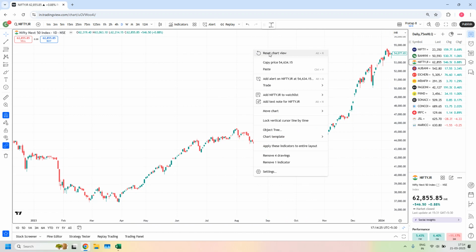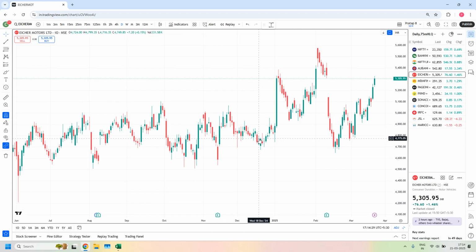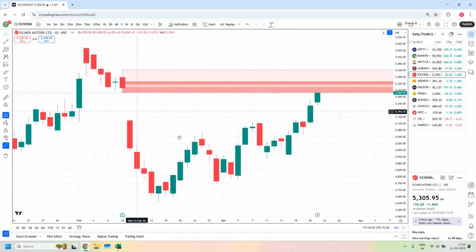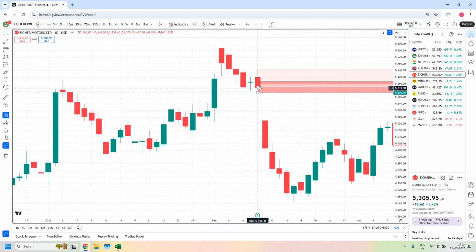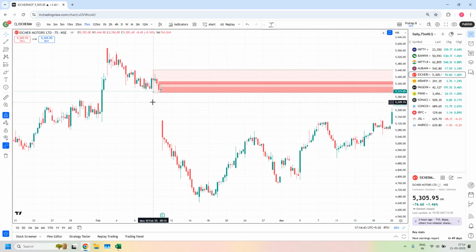Okay. And the next one is HR Motors. This is also a daily high liquidity supply zone. Here also we have a 75 minute zone. Drop, base, drop.